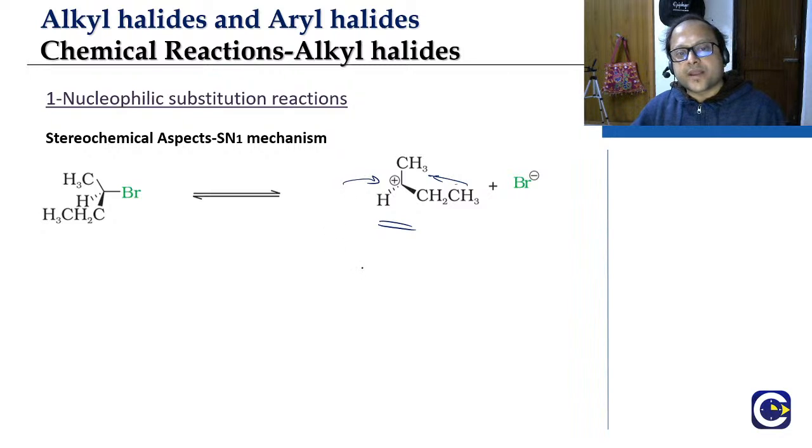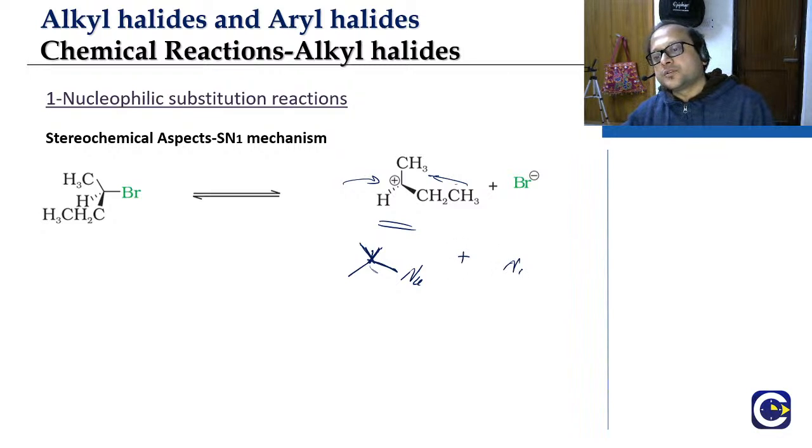So of course you are going to get either this, let me put it this side. So it will come in this direction, your nucleophile, right? I should have drawn it another way, but it doesn't matter, both will be formed.